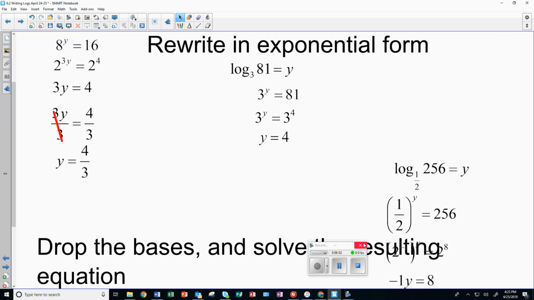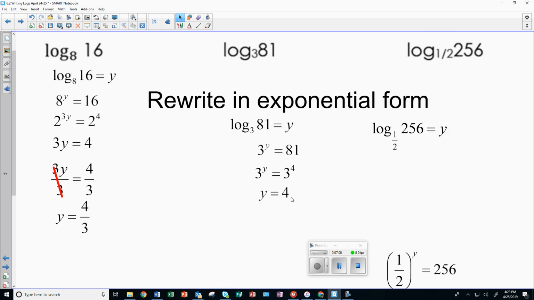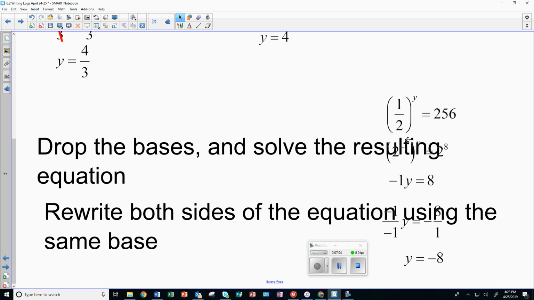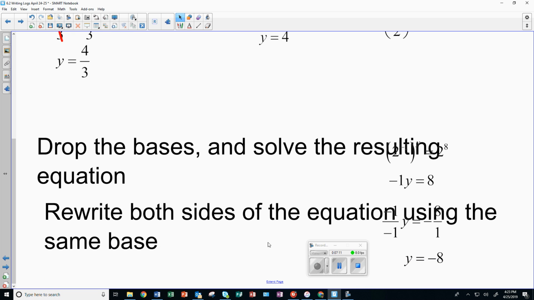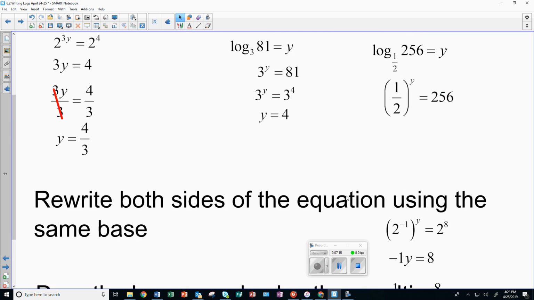All right, let's try the last one. Suppose we have the log base 1/2 of 256. There's the original problem. I'm going to rewrite in exponential form. Then I'm going to rewrite both sides of the equation using the same base.